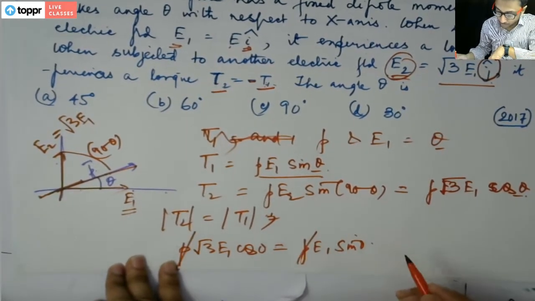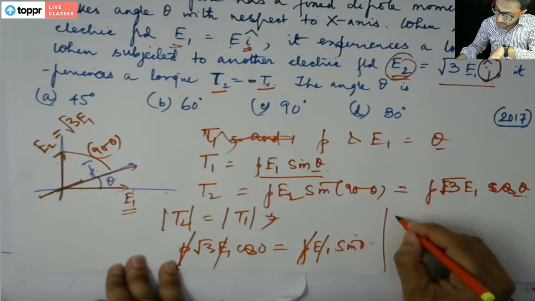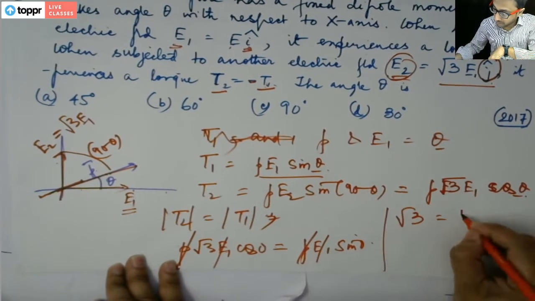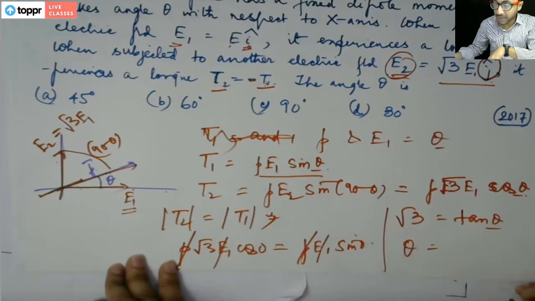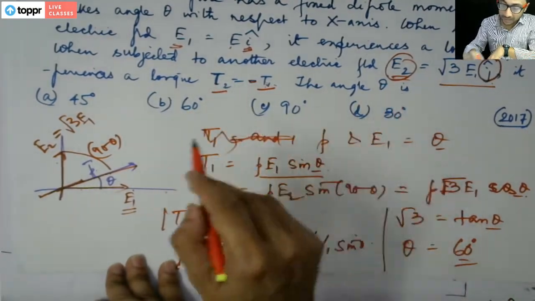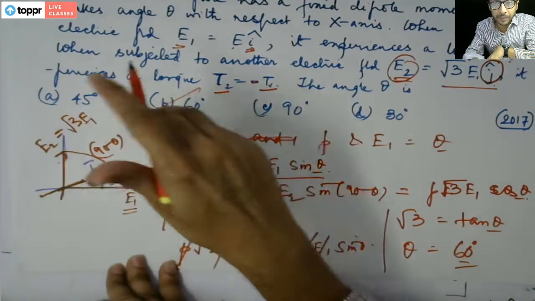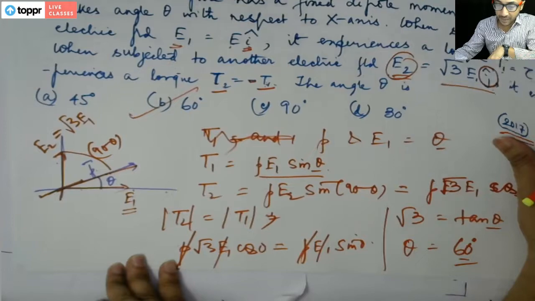P cancels out, E1 cancels out. Now if cos theta goes to this side, root 3 becomes tan theta. So theta becomes 60 degrees. So the angle theta is 60 degrees. It came in JEE Main 2017. Understand? Okay.